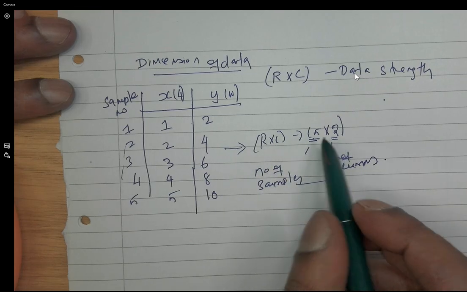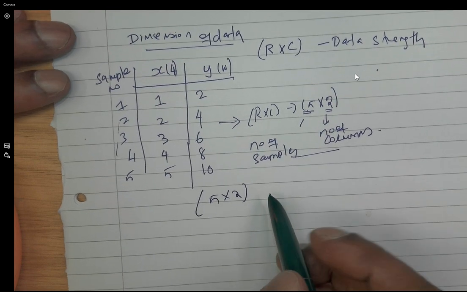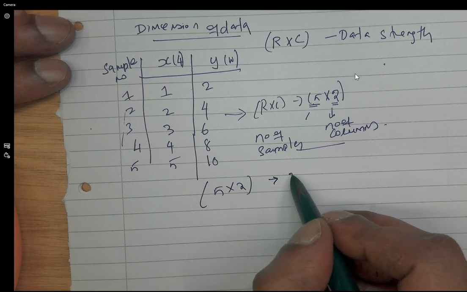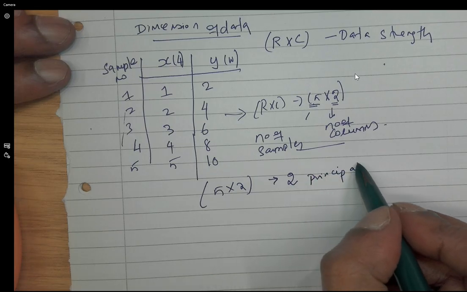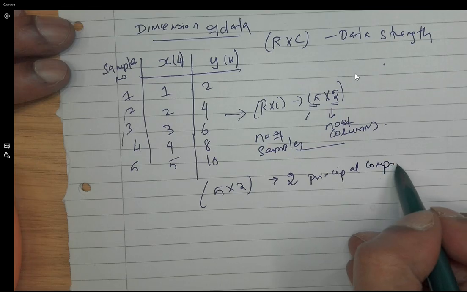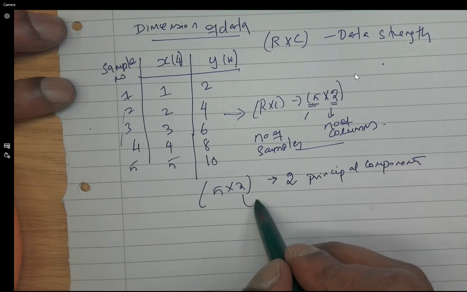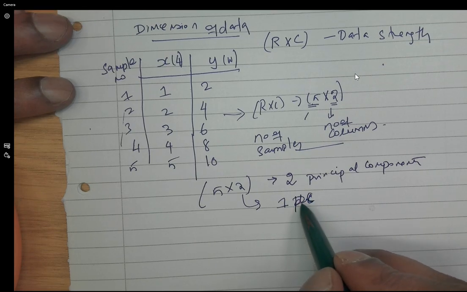If you have a data set of 5 multiplied by 2, you can get 2 principal components. But if you want to reduce the number of dimensions, you can reduce it into one principal component.